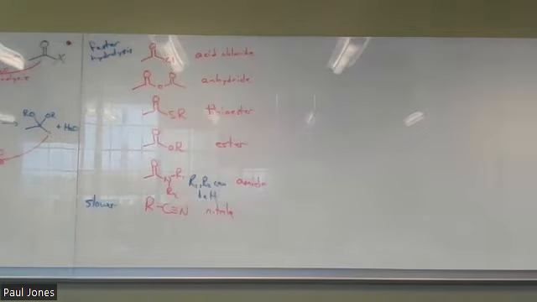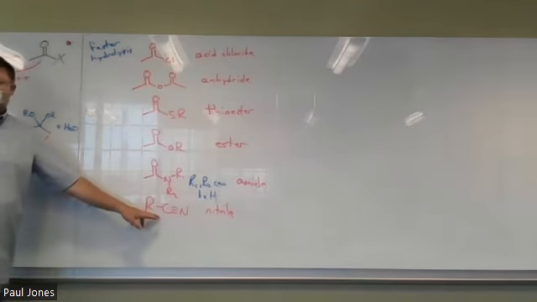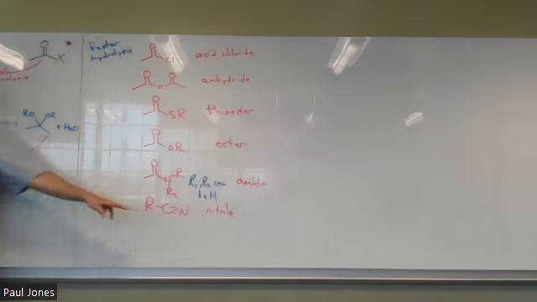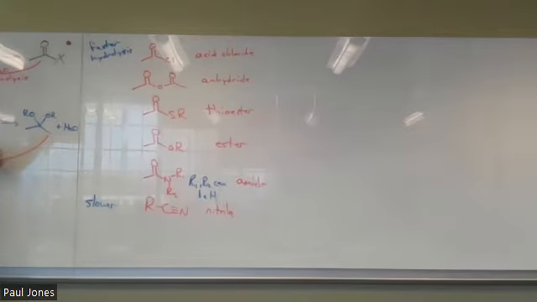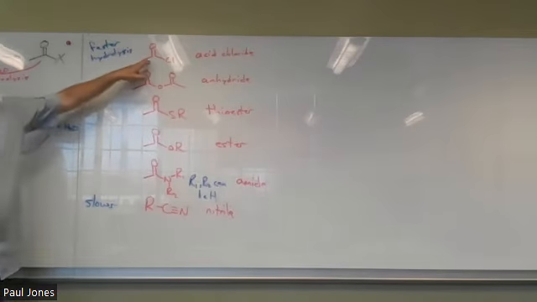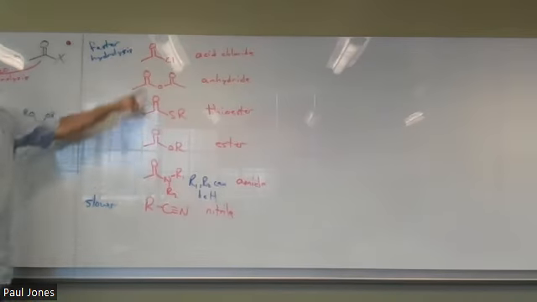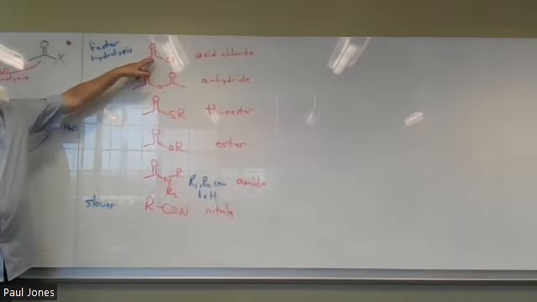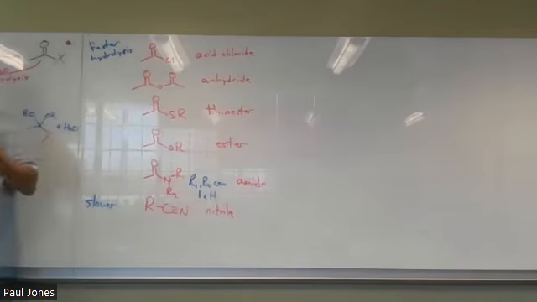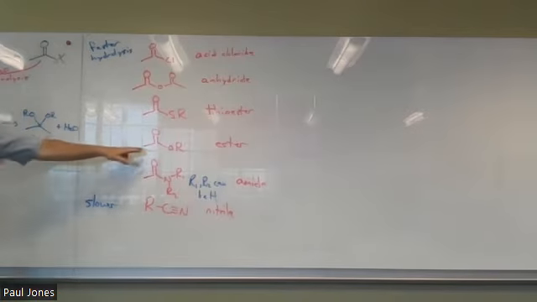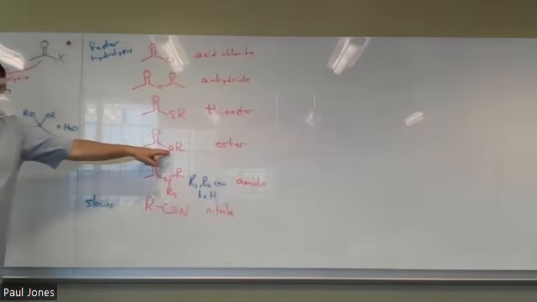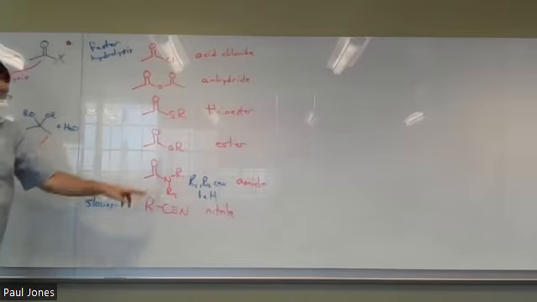And if you look at this, this is the only one that looks really different, right? That's not a carbonyl anymore. That carbon has a triple bond to nitrogen. But if you think about the oxidation state, look at all of these, the carbonyl carbon in all of these derivatives. Acid chloride, 2 bonds to oxygen, 1 to chloride. That's 3 bonds to heteroatoms. Ester, 2 bonds to oxygen, 1 bond to oxygen, 3 bonds to heteroatoms.